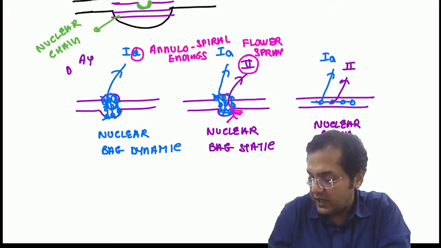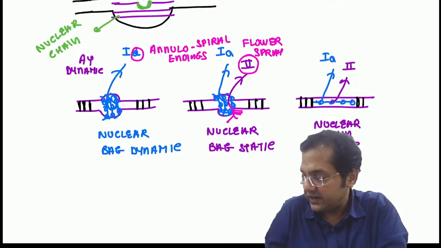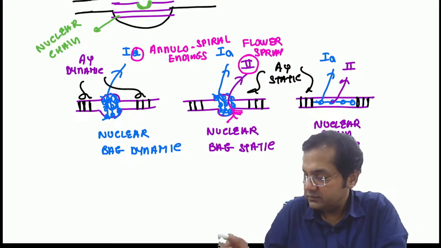This is a gamma dynamic. This will supply these peripheral portions of the spindle. This is a gamma static. Right? That's it. So this takes care of our muscle spindle.